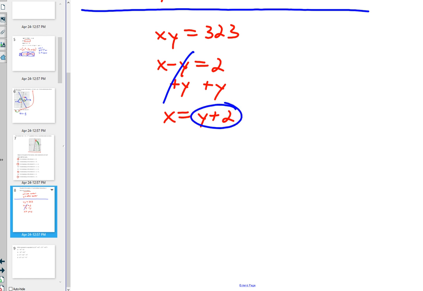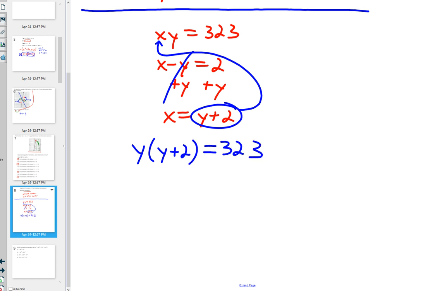If I now get that y plus 2 and plug it in for the x in the other equation, that would give me y times y plus 2 is equal to 323. What type of equation is this about to become? It is going to become quadratic.